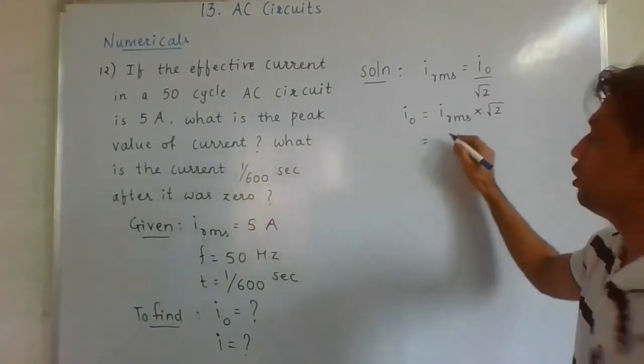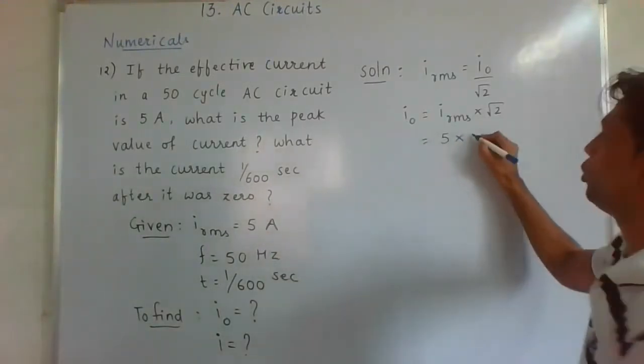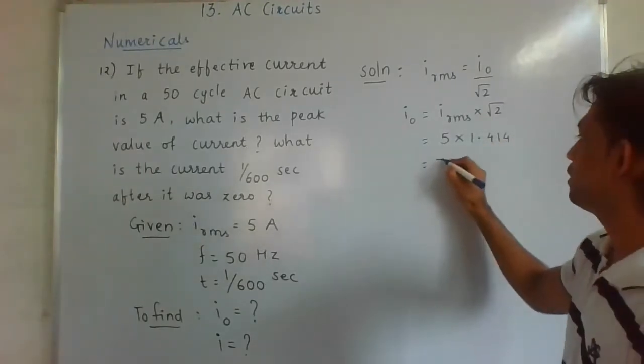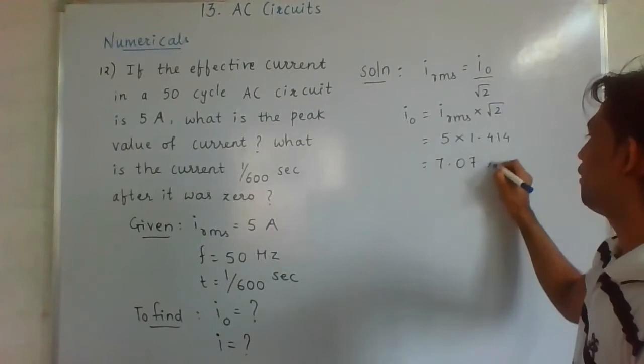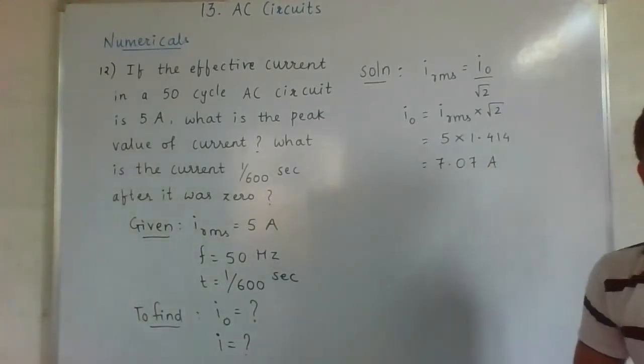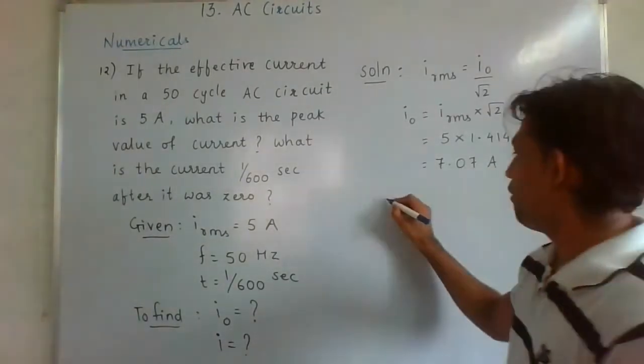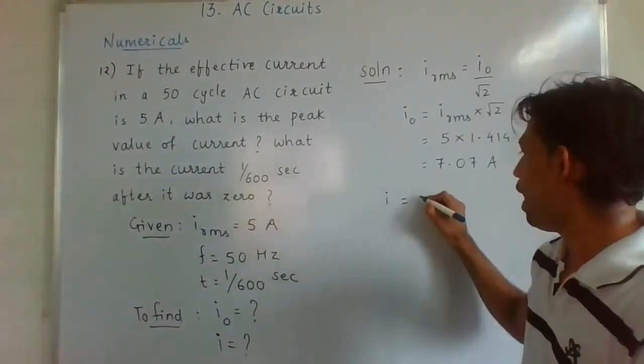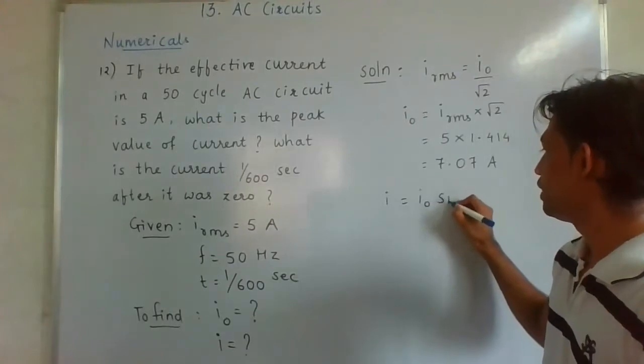Just substitute the value: 5 into root 2, the value of root 2 is 1.414, and when you multiply this you will get 7.07 ampere.